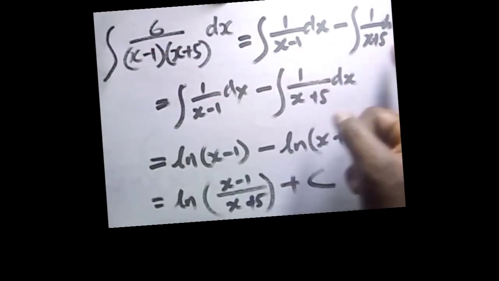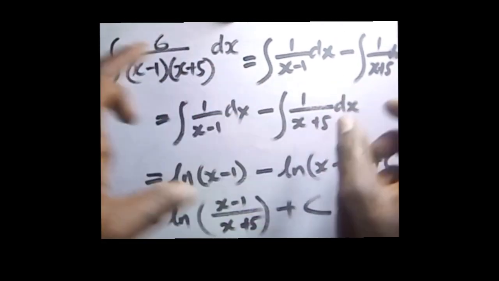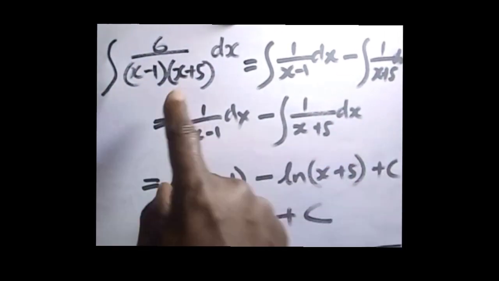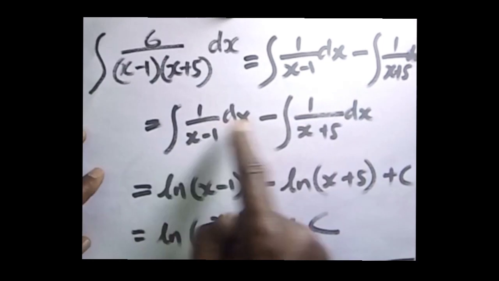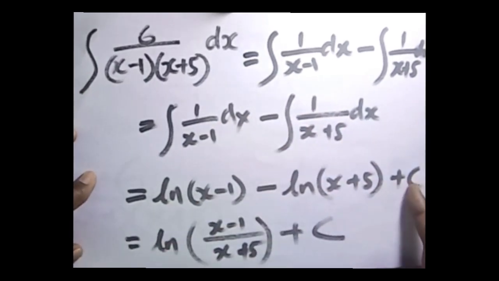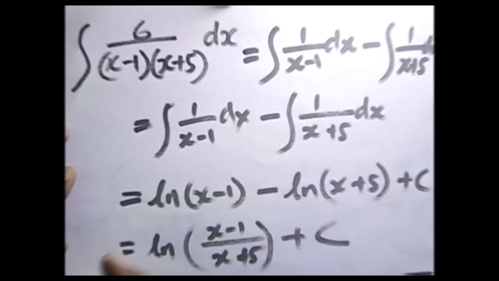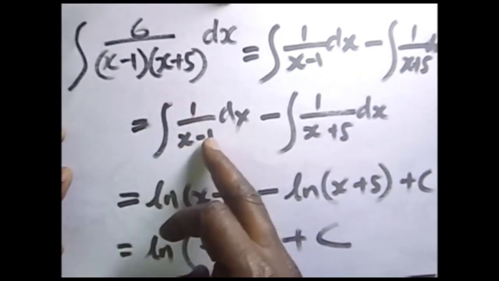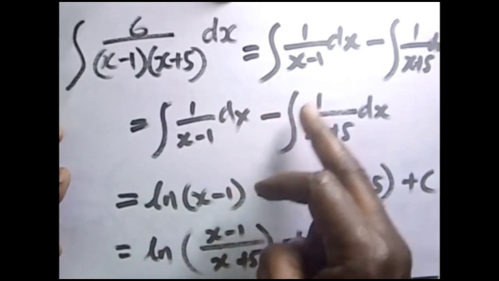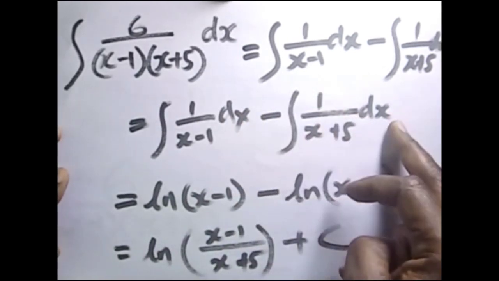If you can still recall from our last video, after the partial fraction decomposition, we brought those two smaller fractions back into the integral sign, and we were able to integrate simply. The integration became easier. It just gave us integral of 1 over x minus 1 dx minus integral of 1 over x plus 5 dx.